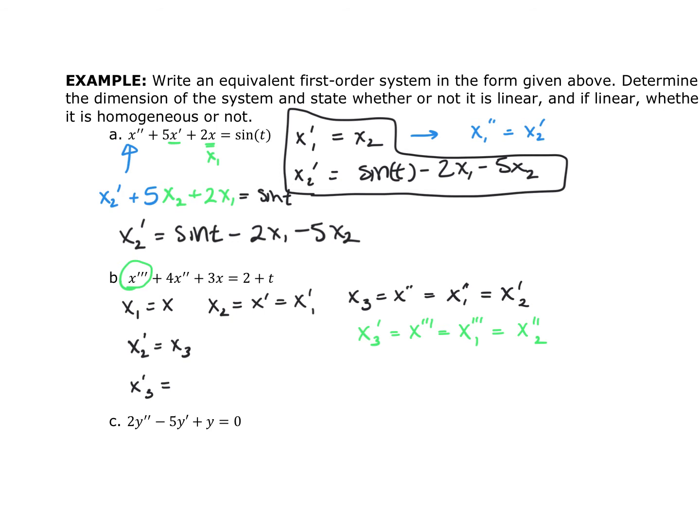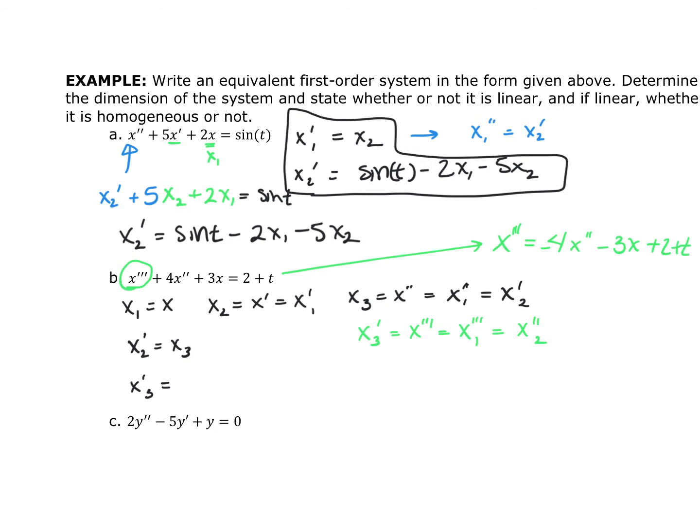That means x sub 3 prime, which would be taking this and solving for x triple prime, is negative 4x double prime, plus or minus 3x plus 2 plus t.